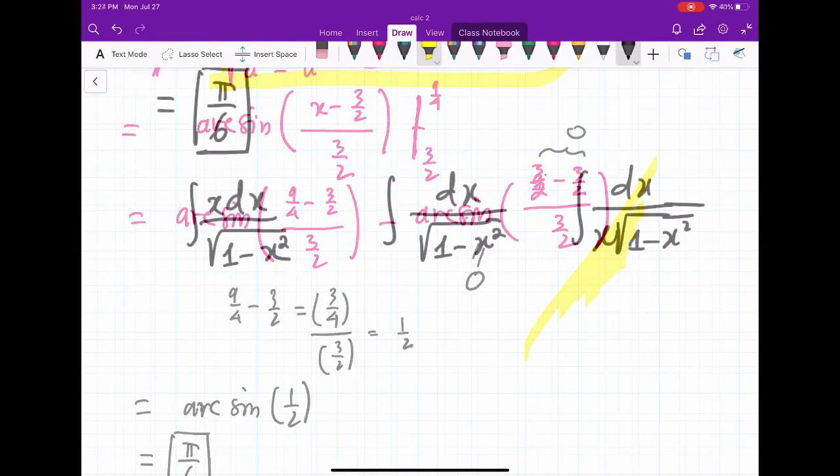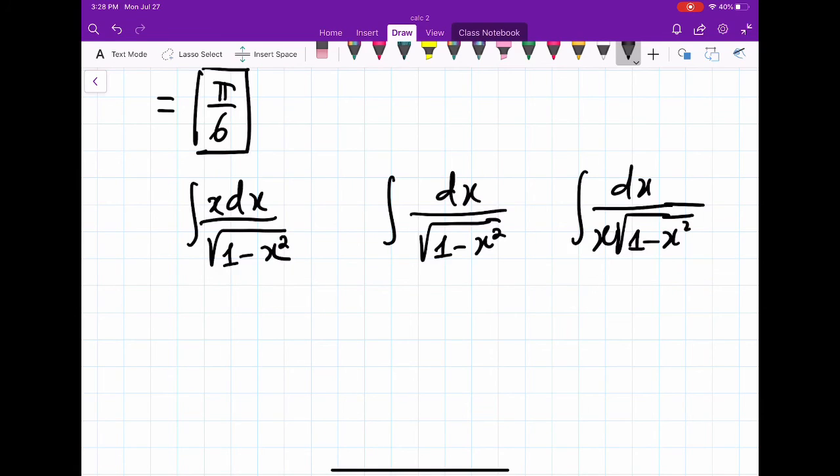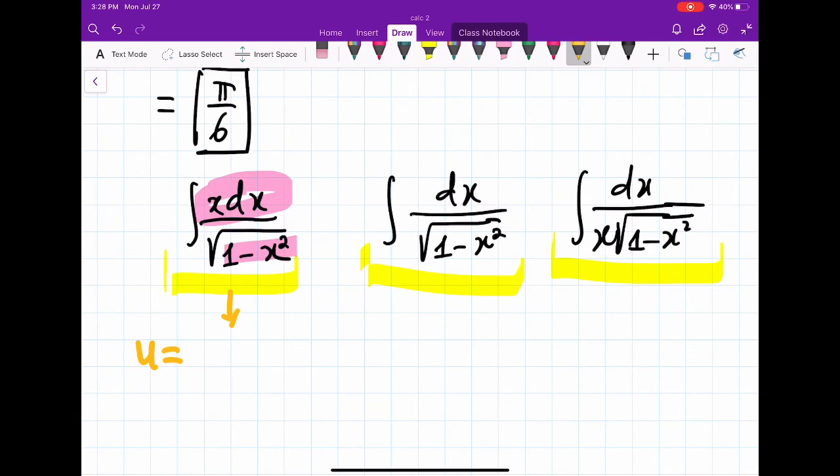Okay, in order to finish this video, let's review again some integrals we considered at the beginning. At the beginning we saw this one, and this one. In the first integral, we have the combination x dx and 1 minus x squared. So we decided that we need to use the substitution u equal to 1 minus x squared.